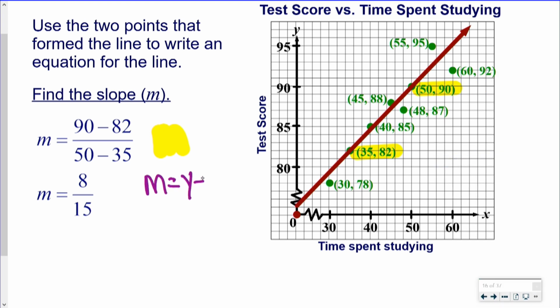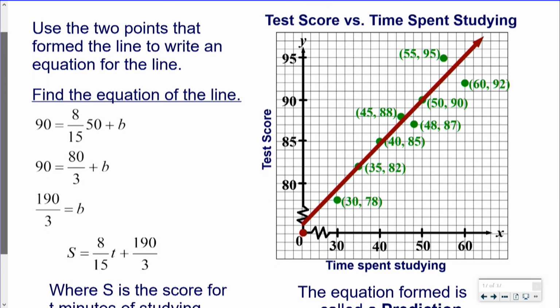We do the change in y values to the change in x values. So if I look at my y values, which is my numerator, I have 90 minus 82, which is 8. The change in x values will be 50 minus 35, which is 15. So the slope of this line is 8 over 15.